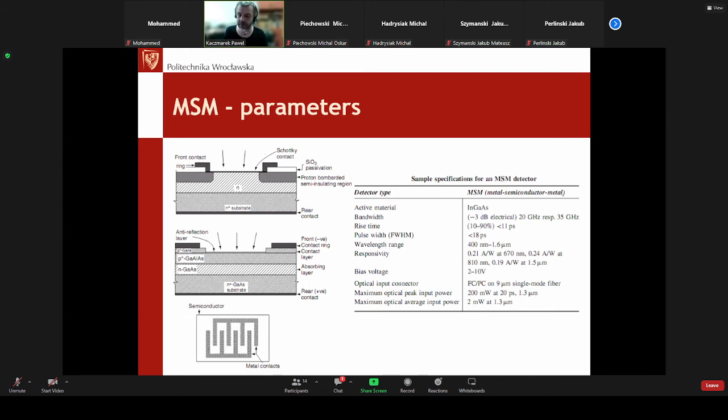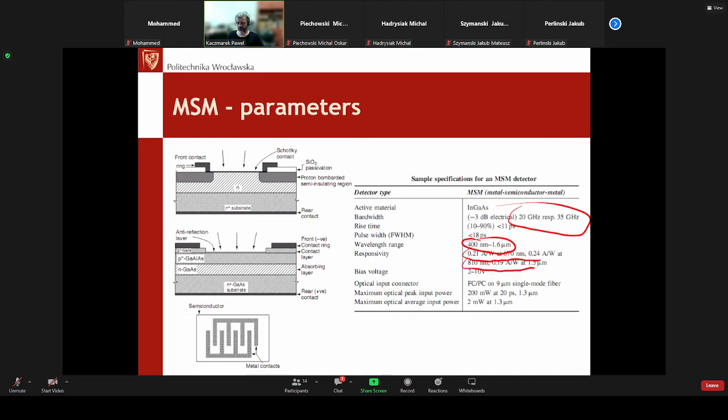And typical parameters for such a photodetector. This is some commercial one, so you can see the bandwidth somewhere between 20 and 35 gigahertz. The wavelength range of operation can be quite wide, but the responsivity, as I told you, is pretty small.